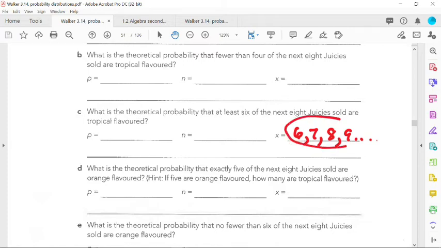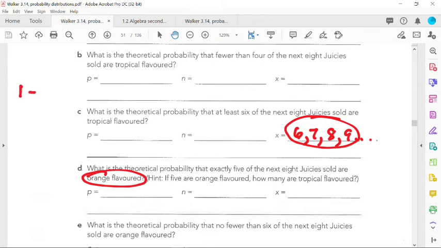Because they're probably fewer at the high end than the 6 values you would have to do from 0 through 5. Okay? What's the theoretical probability that exactly 5 of the next 8 sold are orange flavored? Now, be careful. They've changed to orange flavored, right? But we don't have a probability for orange. We could go back and just change the probability, because you know the probability of orange is 1 minus the probability of the others.